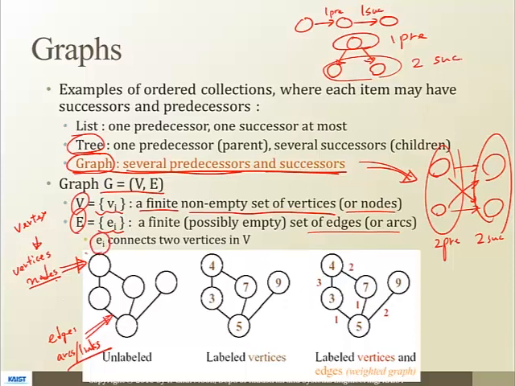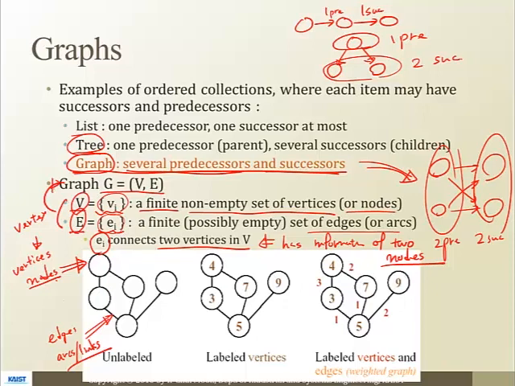Here, the edge ei connects two vertices in V, which means that ei somehow has information of two nodes. Okay. So ei should be a collection of two nodes, and the sets of the small ei and small vi are V and E, and these together create the graph.